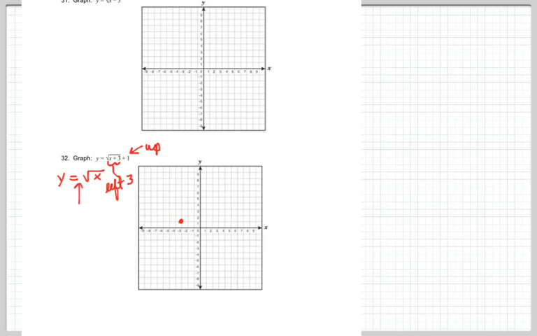So this is my starting point. If this was a negative root x or a negative in front of that, it'd be upside down, but it's right side up, and so it follows that same pattern that we just saw, 0, 0, 1, 1, 4, 2. So I'm counting from my first red dot. That was my 0, 0. That is up 1 over 1, and then I'm going to go over 4 and up 2.